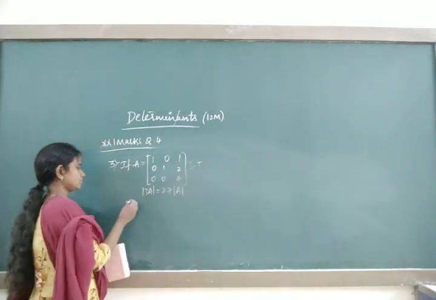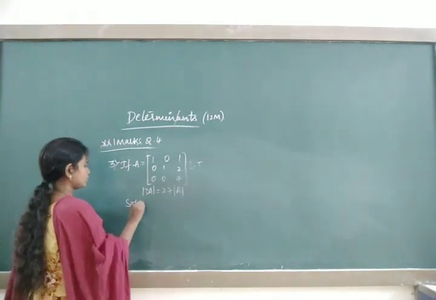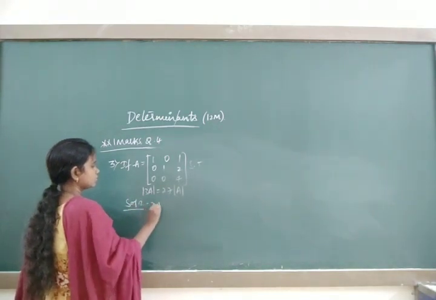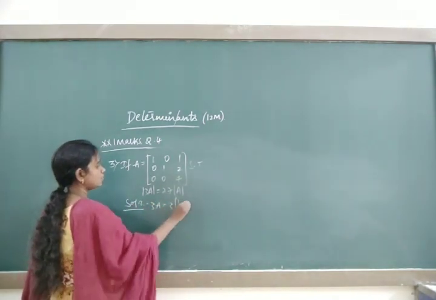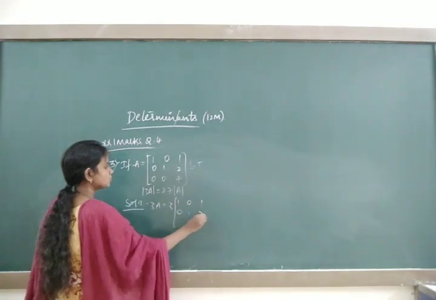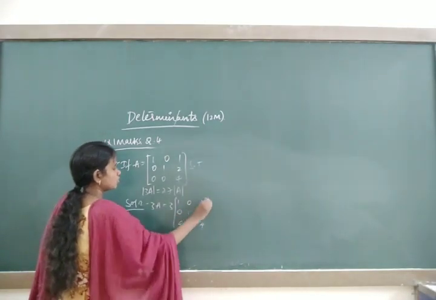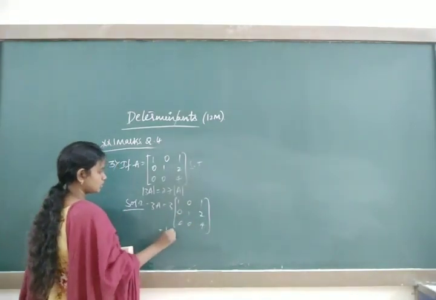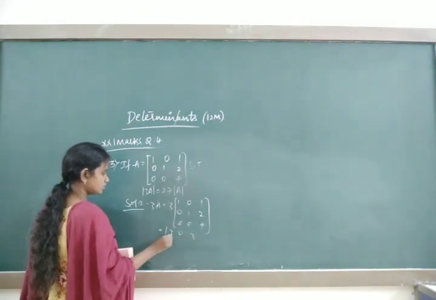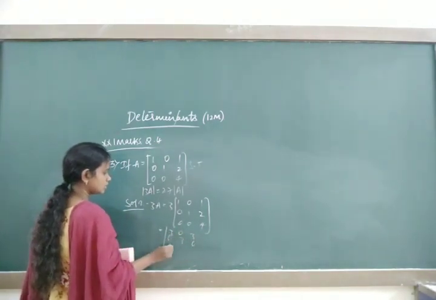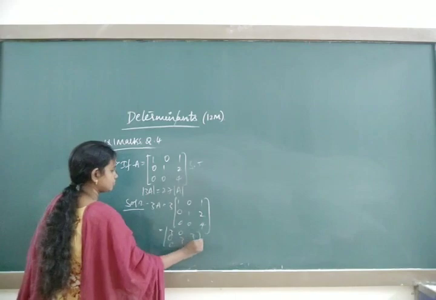Solution. 3A is equal to 3 into 1 0 1, 0 1 2, 0 0 4, which is equal to 3 0 3, 0 3 6, 0 0 12.